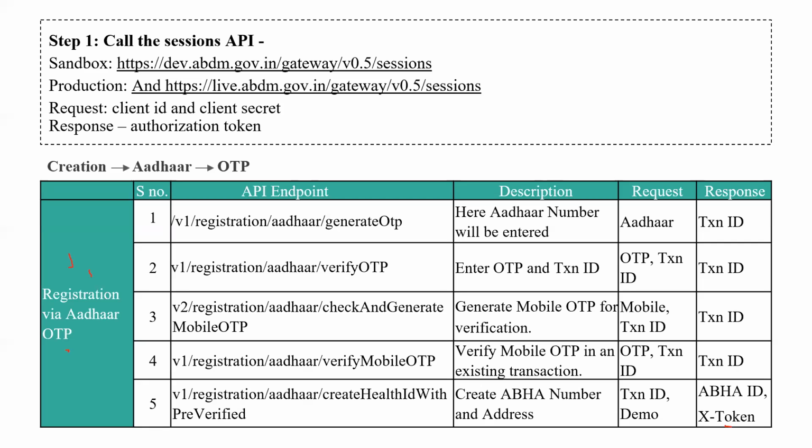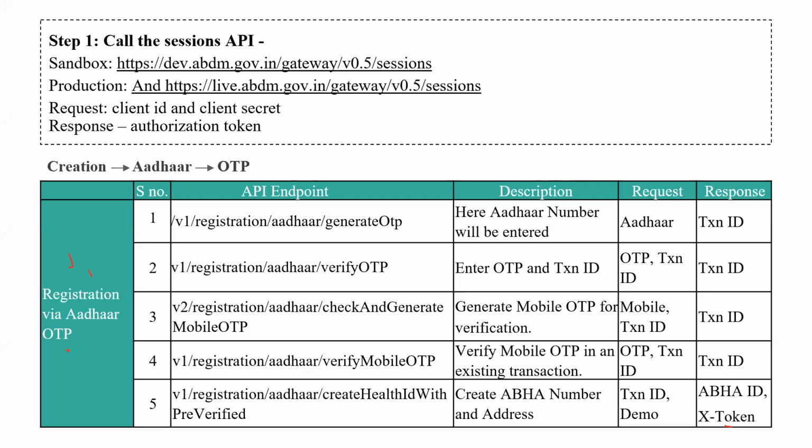But the V2 API check and generate gives you an additional functionality which allows you to skip mobile OTP. What I'm trying to explain is that if you use the V1 generate mobile OTP API, you will mandatorily have to verify that using the fourth verify OTP API.